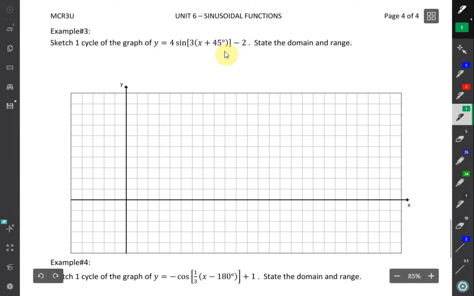Then afterwards, we're going to translate the graph over to 45. So this will be very similar to what we just did. So a good idea would be for you to go ahead and try graphing this graph without this 45-degree phase shift, and then come back and see how you did, and then you can see what we're going to do to transform it.